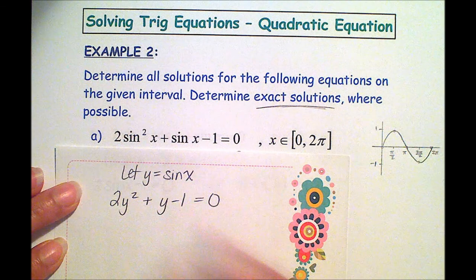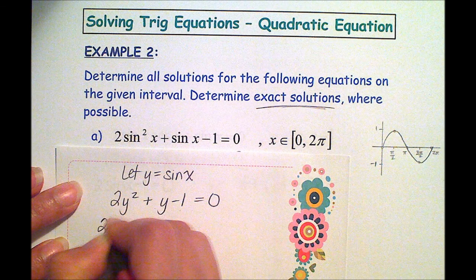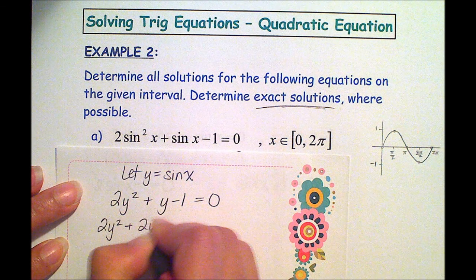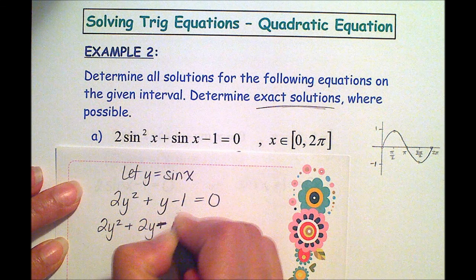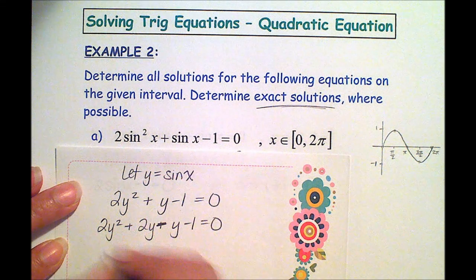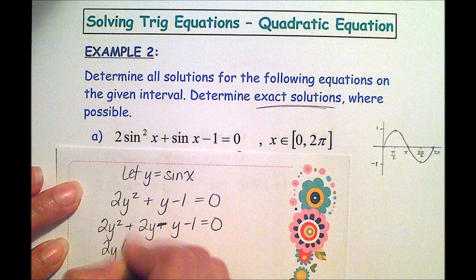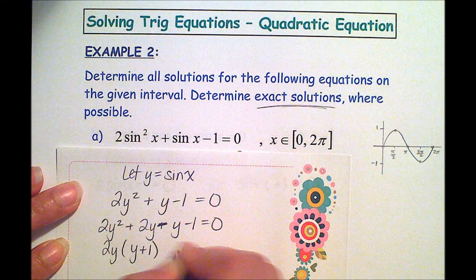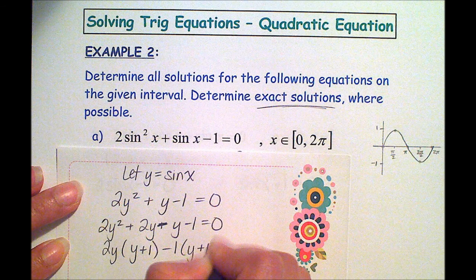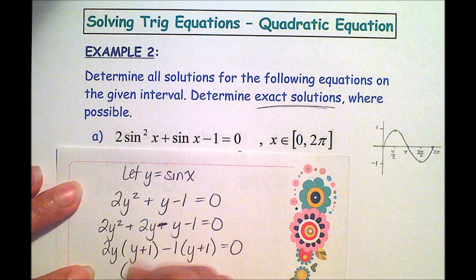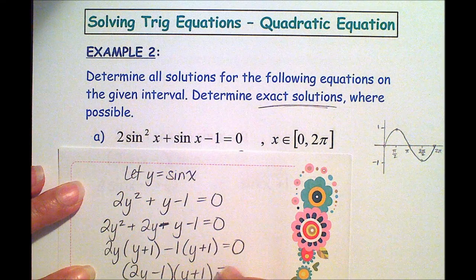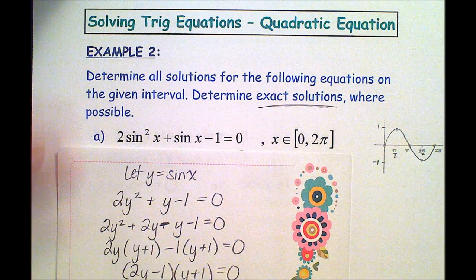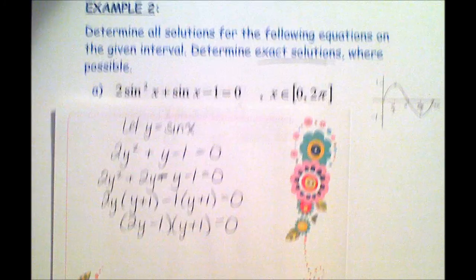If I try to factor this, this would be 2y squared plus 2y minus y minus 1 equals 0, which would factor to 2y times y plus 1 minus 1 times y plus 1 equals 0, which gives me 2y minus 1 times y plus 1 equals 0. So far, this is what it would look like if I'm trying to factor it.